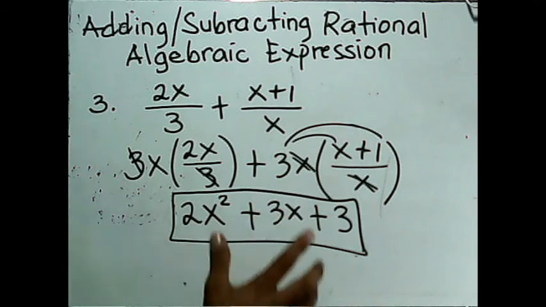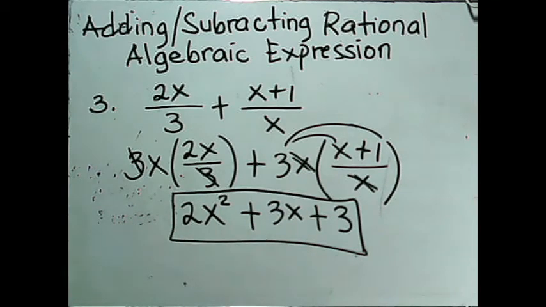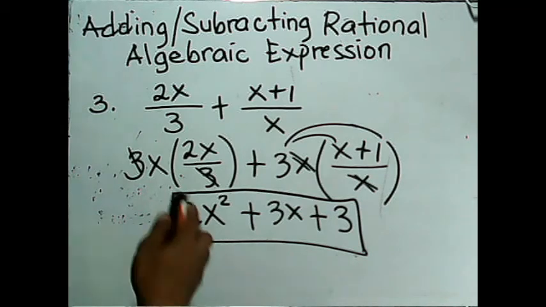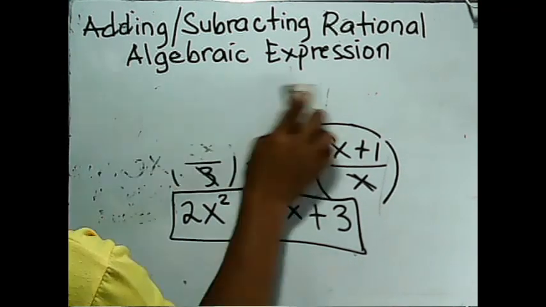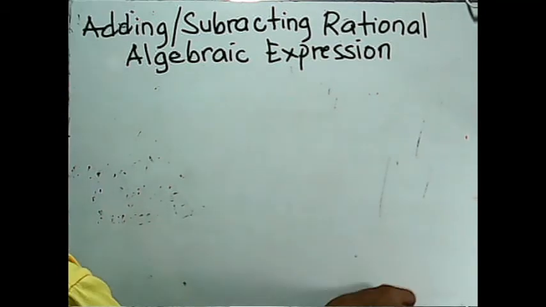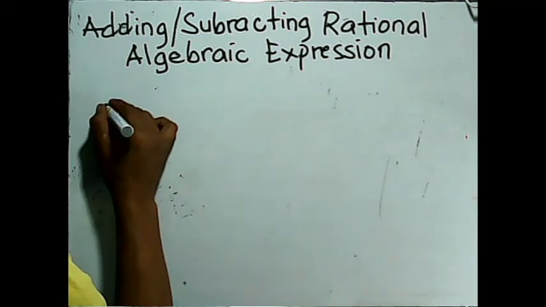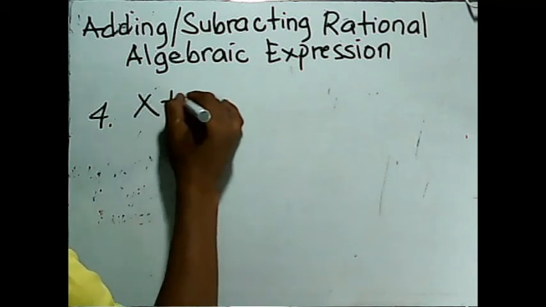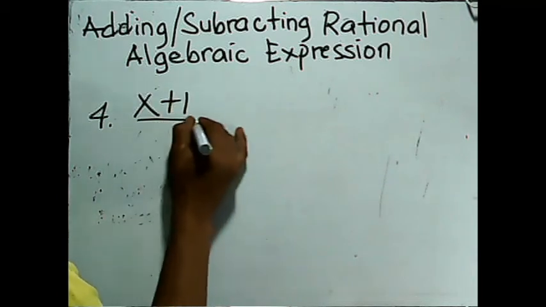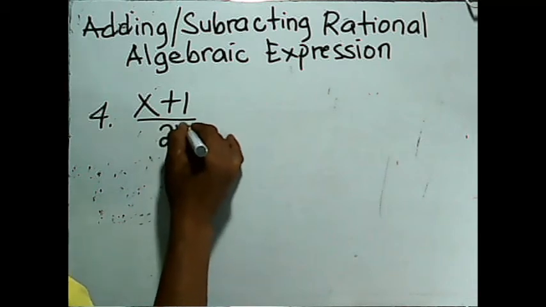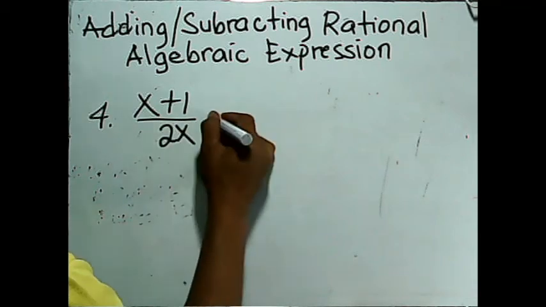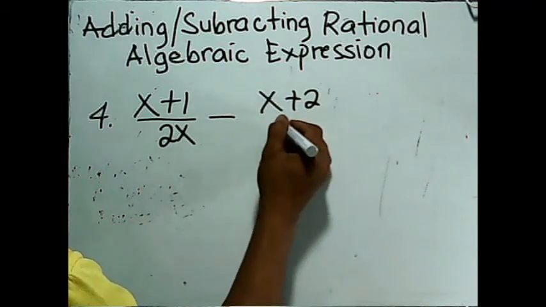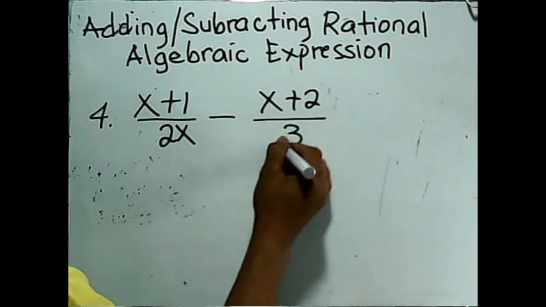Okay, so I hope you followed our process. Then for our last example, number 4. x plus 1 all over 2x minus x plus 2 all over 3.